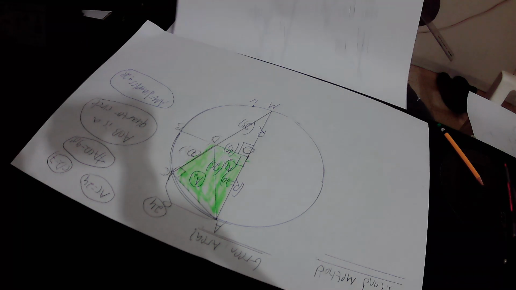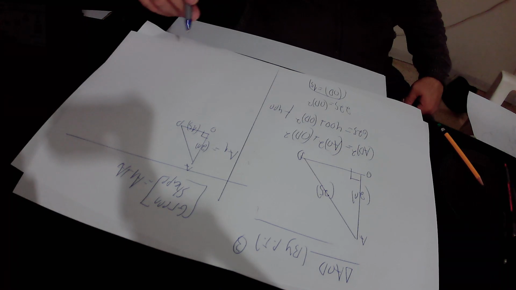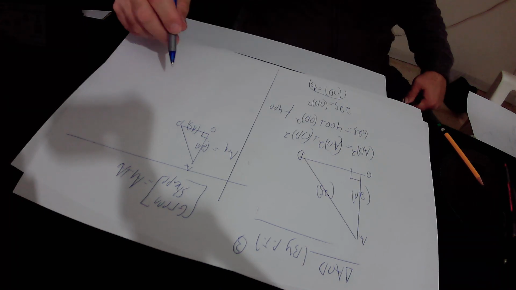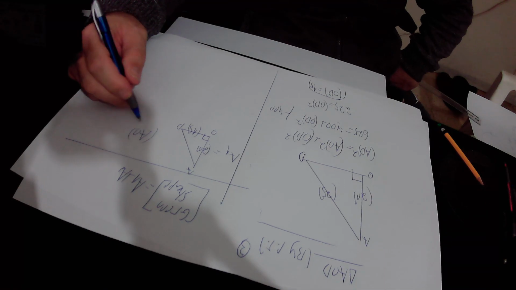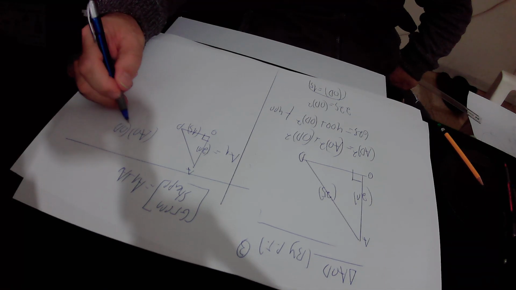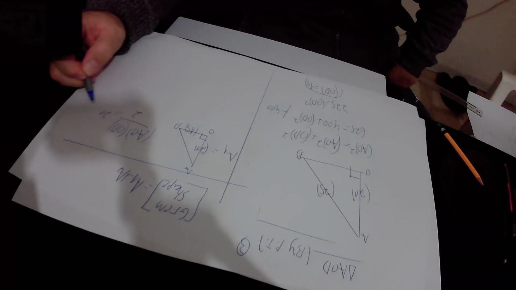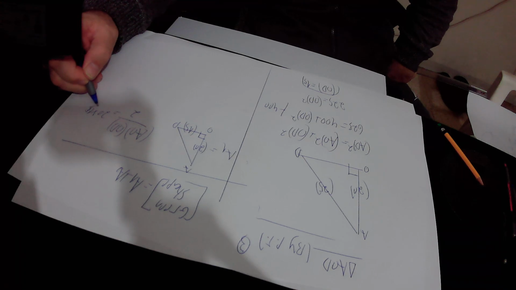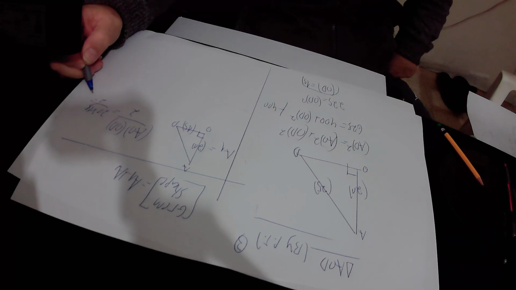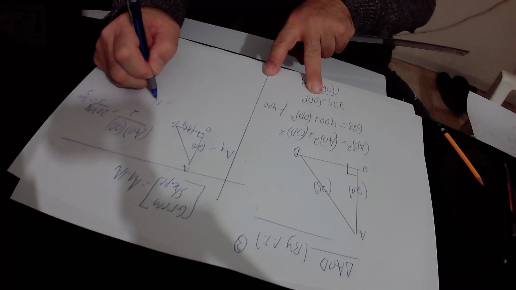Again, A1 is the area of this green right triangle AOD. The area of this triangle AOD equals AO times OD over 2. AO is 20 times OD, that is 15, over 2. 20 times 15 is 300, and 300 over 2 is 150.